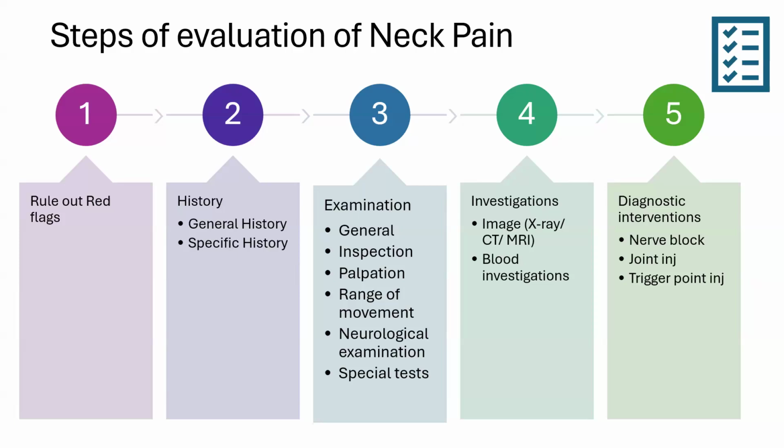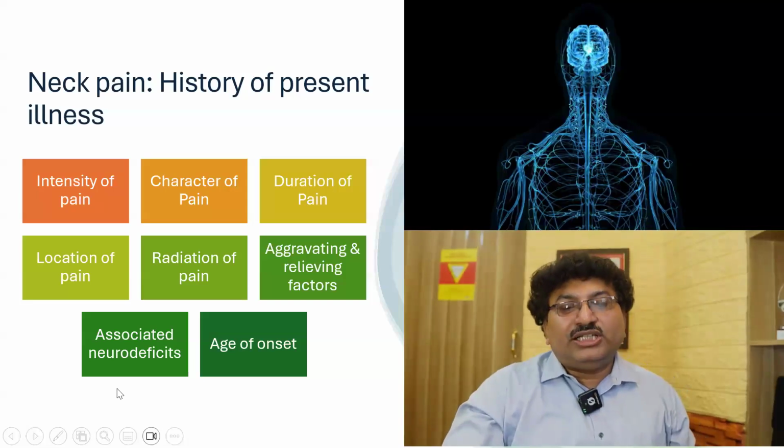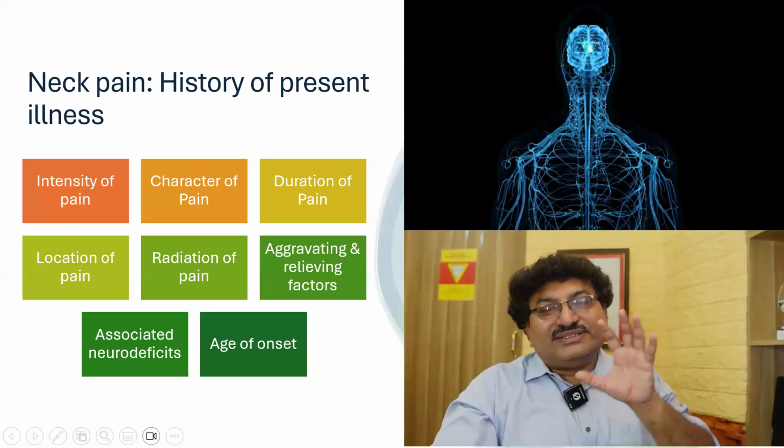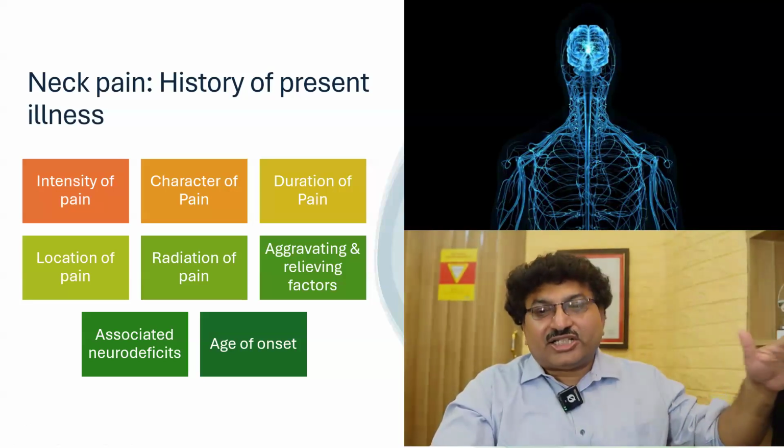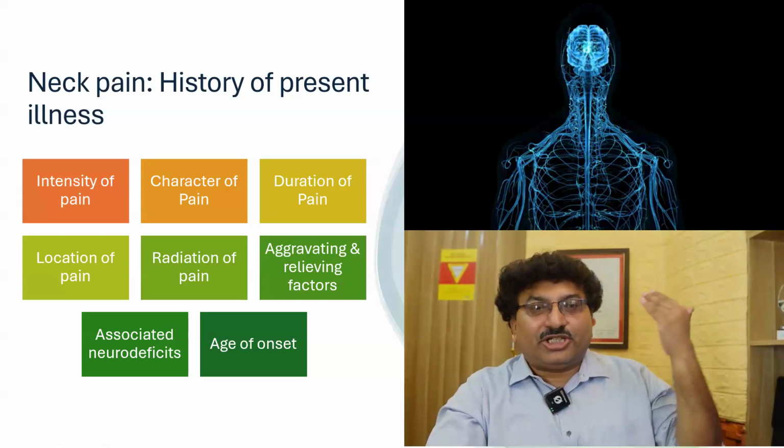So it could be a diagnostic intervention. The role of diagnostic intervention is huge in pain management because it has actually changed the scenario of pain management. So we should always think of these structures by which we will be evaluating the patient.